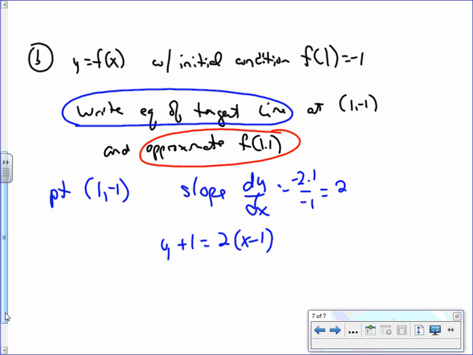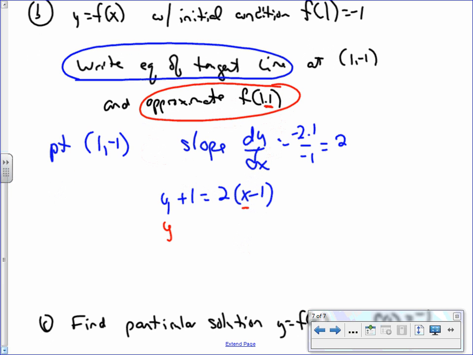This question is going to be on the exam somewhere. Any of these questions I've given you could pop up. It just means to plug that into this equation. You're not going to have your calculator, so it's not too hard to do. So y plus 1 equals 2 times 1.1 minus 1, and a little bit of arithmetic later.